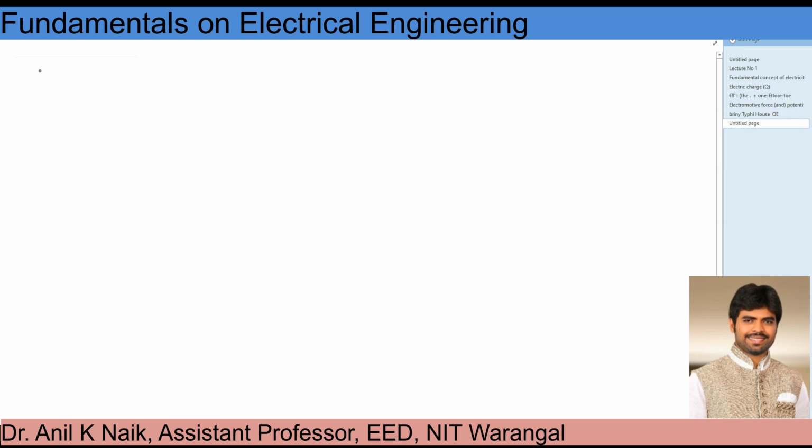Now we'll go for another terminology called electric power. It is denoted as P, and the units are watts. To understand this, electrical power is a very simple concept. Let us consider a resistor which has been connected to some source here.